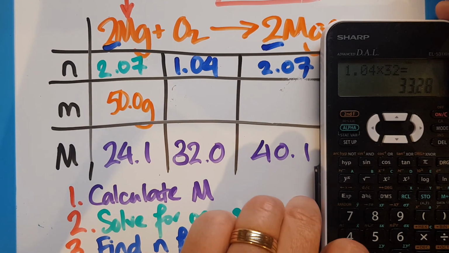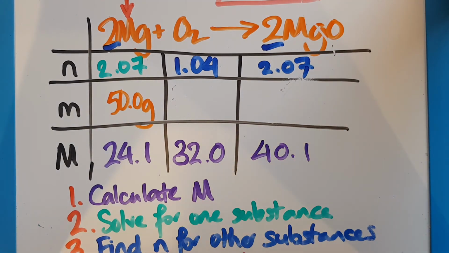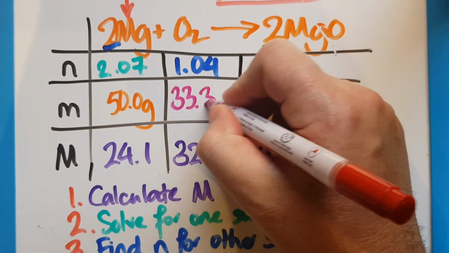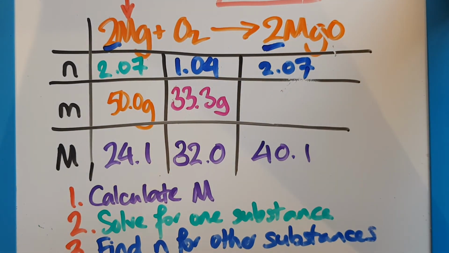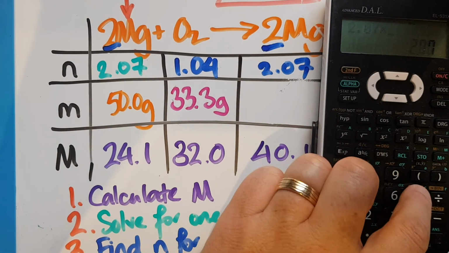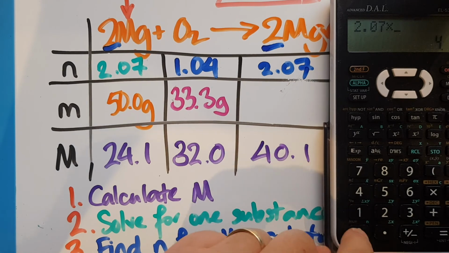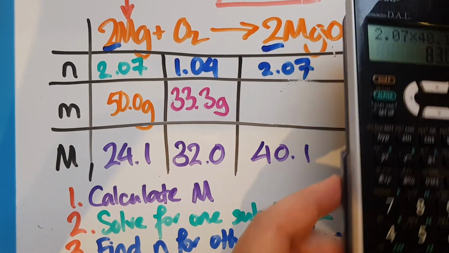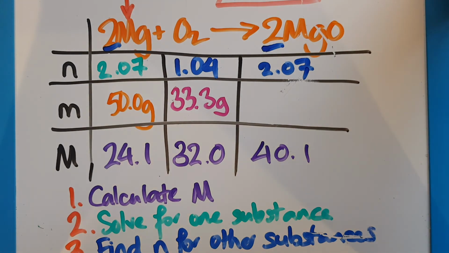So 33.3 grams will be made. This is why I do my working, in case I accidentally delete something in my calculator, which I did. I've got my 2.07 times 40.1, and I get 83.007, so 83.0 grams.